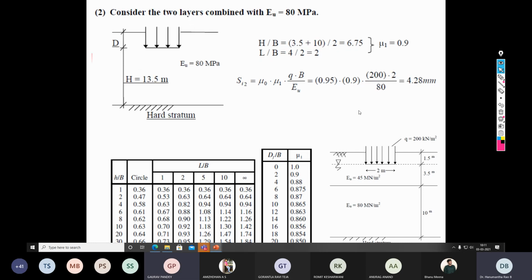Okay. Yes, sir. And instead of 200 in layer number 2, I might have to take around 120 or something. That means you will still underestimate the elastic settlement. So that may be one of the reasons they did not consider this load distribution.